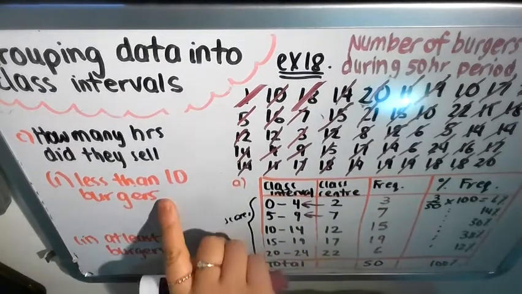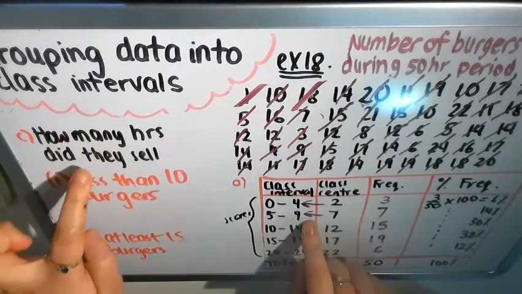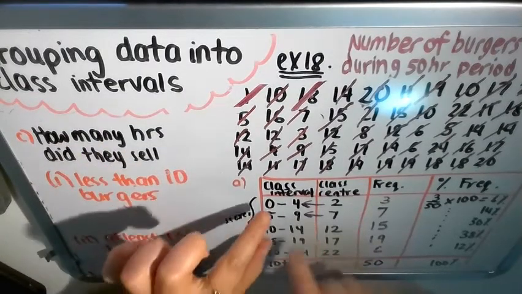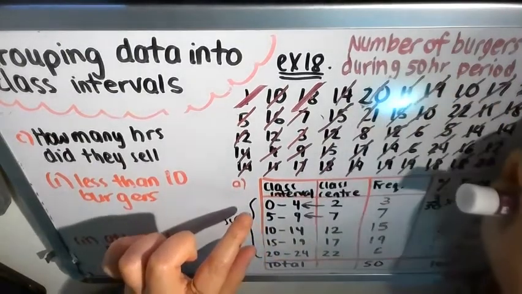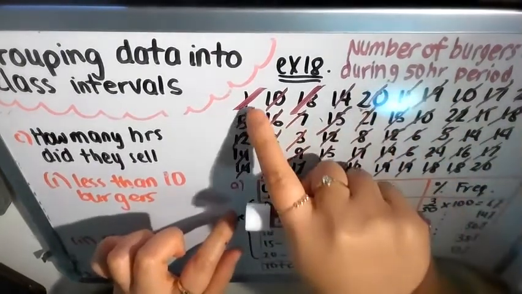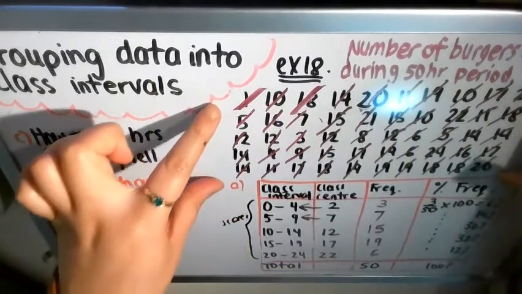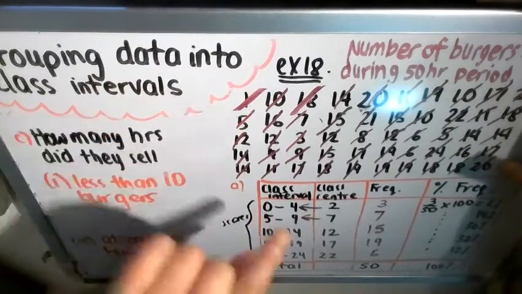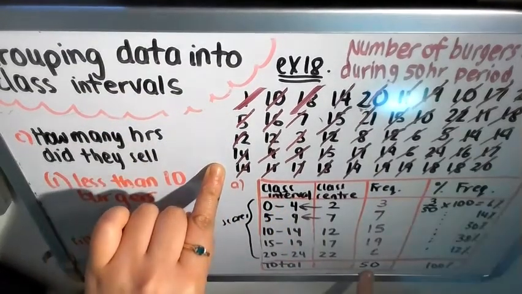Now we need to answer how many hours they sold less than 10. Our question tells us that these are the number of burgers during a 50-hour period. So there are 50 scores. 50 is the frequency, right?